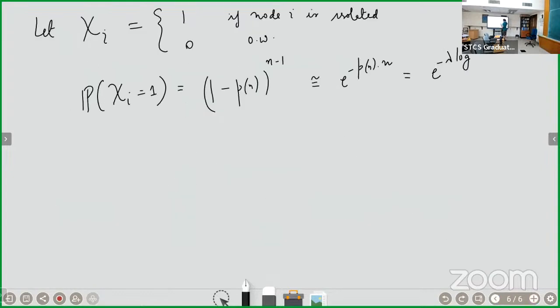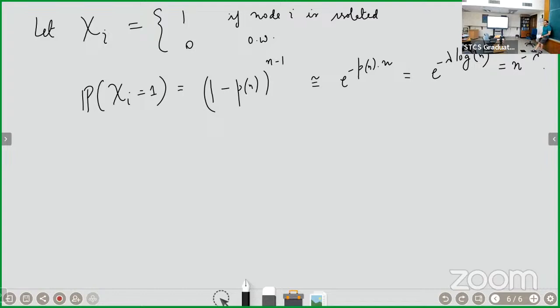Use that, you get e to the minus lambda log n, which is n to the minus lambda. This is arithmetic. There's nothing going on here. I'm just plugging in the value of P of n, which is lambda times log n by n. Okay, so now I have the probability that a particular node is isolated is n to the minus lambda.